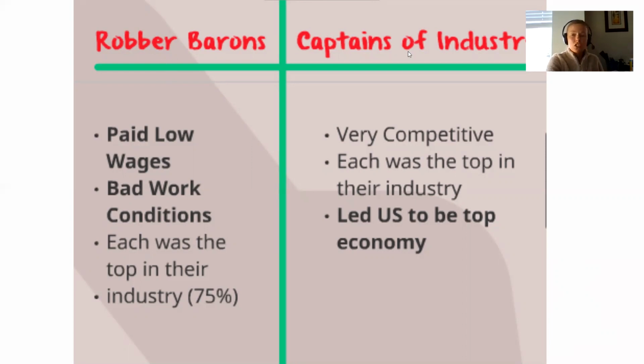When we talk about the good things that these businessmen did, we refer to them as the captains of industry, meaning these are the guys who built America as a modern industrial leading nation. They were very competitive. They were top of their fields. And they made our country one of the most prosperous in the world, which we hadn't always been. This is when America starts to rise to the top.